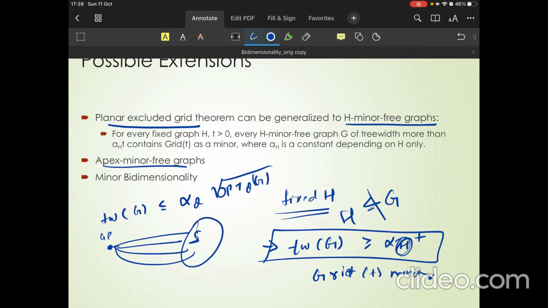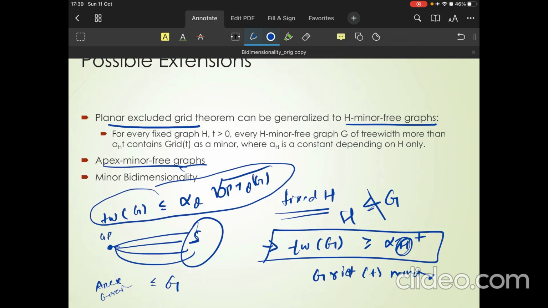We add edges from the apex to all the vertices of S, and we call the resulting graph an apex graph. So apex-minor-free graphs are a class of graphs which do not contain any apex graph as a minor.